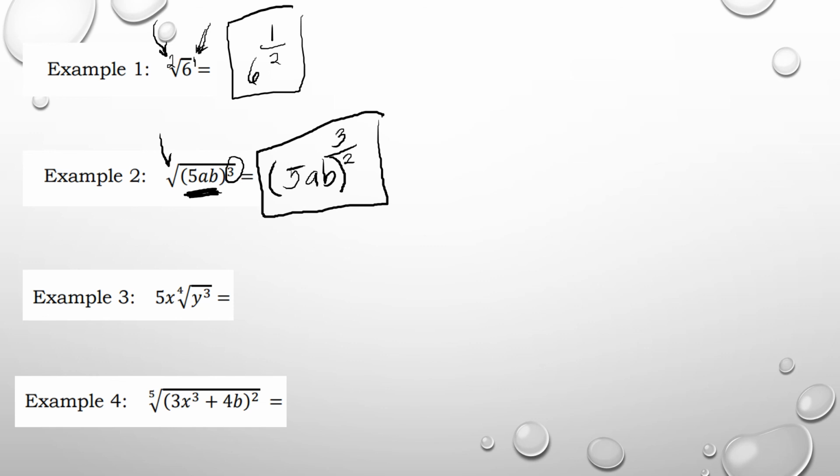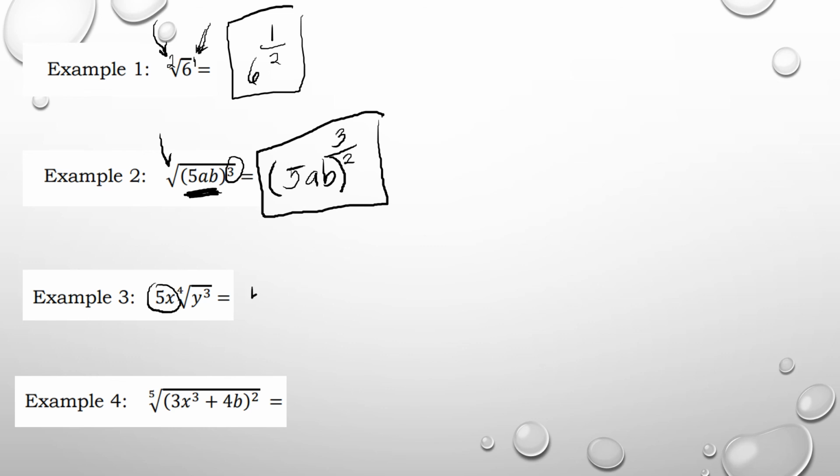Mamaya, makikita nyo ang pagkakaiba ng may parentheses sa wala. Okay. So, dito natin makikita sa example number 3. So, we have 5x times 4th root of y cubed. So, hihiwalay natin si 5x. Okay?